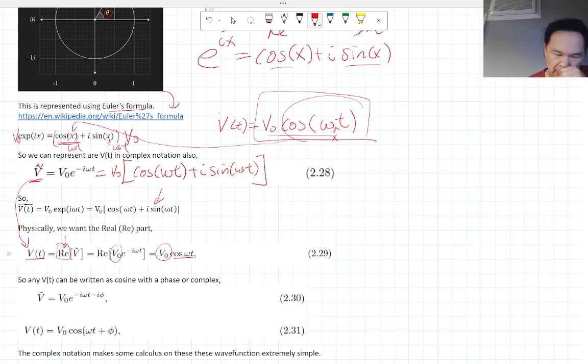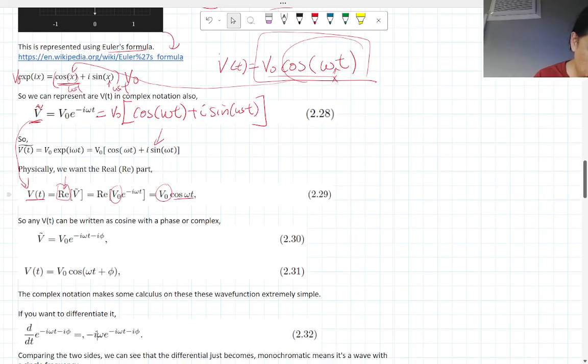So any voltage that depends on time can now be represented by cosine and a phase, and this phase allows you to shift between sines and cosines, as talked about before.